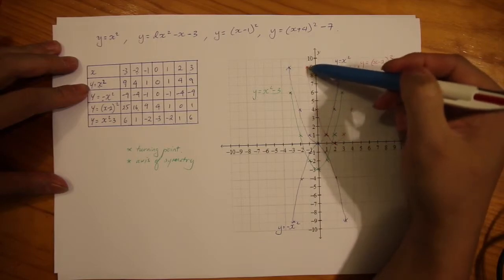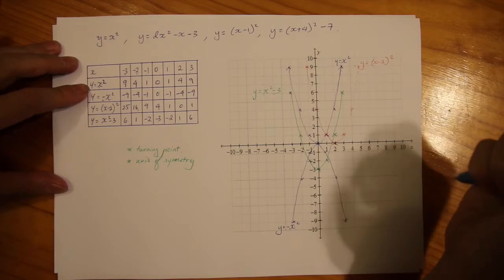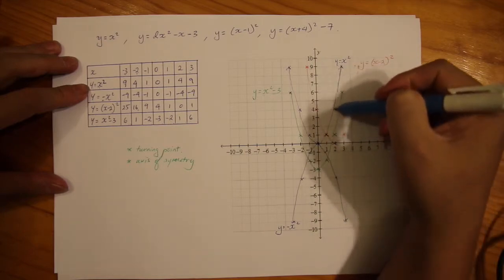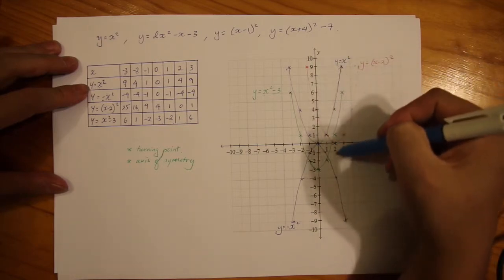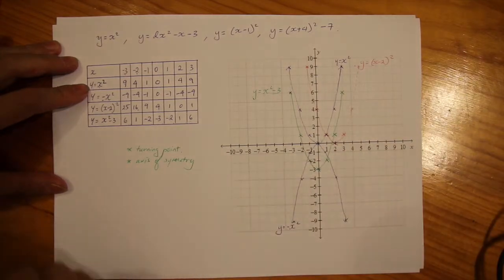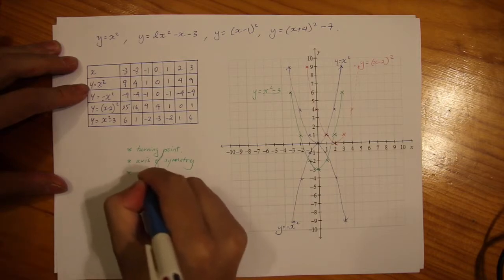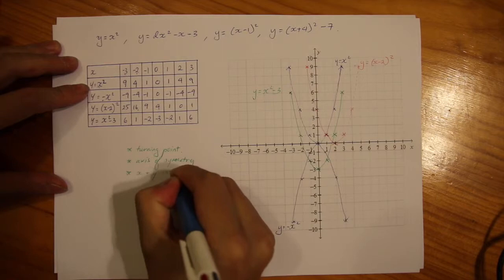And the same thing with this red one. If we actually had an axis of symmetry, we would actually put it where x equals 2, right down the middle there. Alright. Okay, next thing is that there are x and y intercepts.